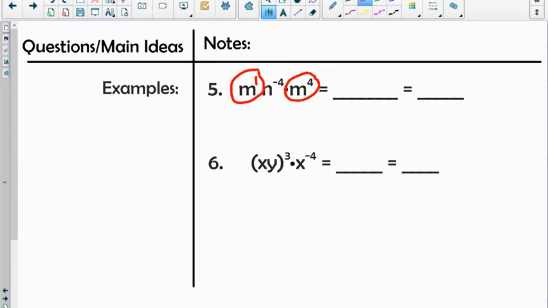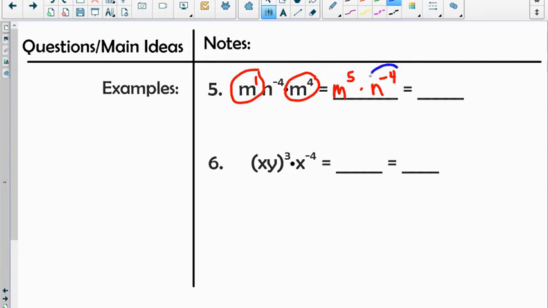Let's see, my product of powers said, oh, that's right, I have to add exponents together, because if I were to expand this and write it out, I would have an m multiplied by itself 5 times. Now, I'm just going to bring along my n to the negative 4th power for now. And now I'm going to deal with the fact that it's not simplified because I have a negative exponent.